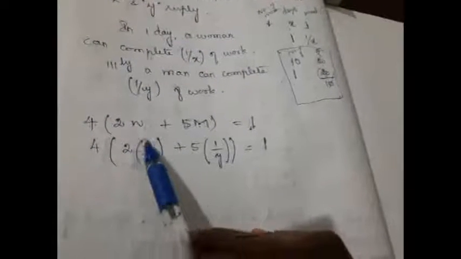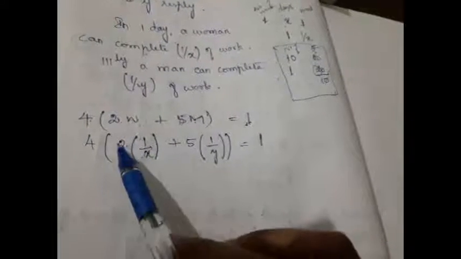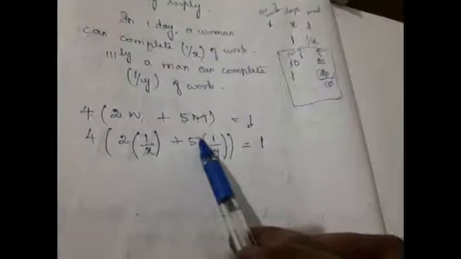So, two women together, 2 into 1 by x is the work done by two women in one day. Similarly, 5 into 1 by y is the work done by 5 men in one day, right?